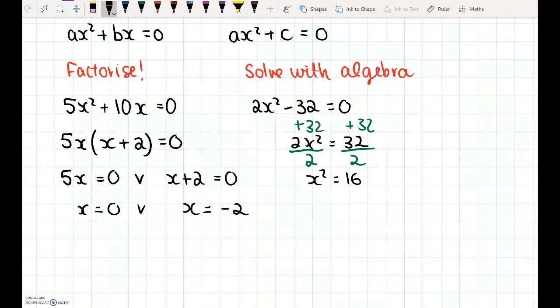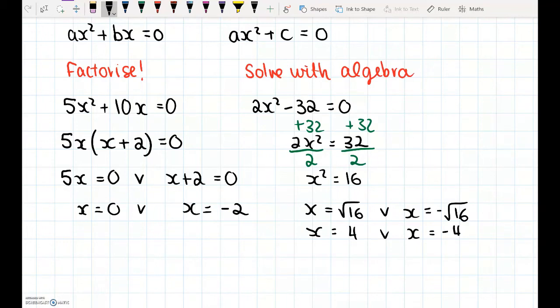At this point, we take the square root of both sides. You know that when you do that, you will get a positive and a negative answer. So x equals the square root of 16, or x equals the negative square root of 16. So x is equal to 4, or x is equal to negative 4. This is what we do when we solve with algebra.